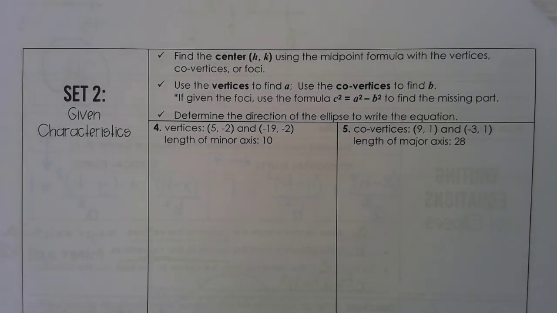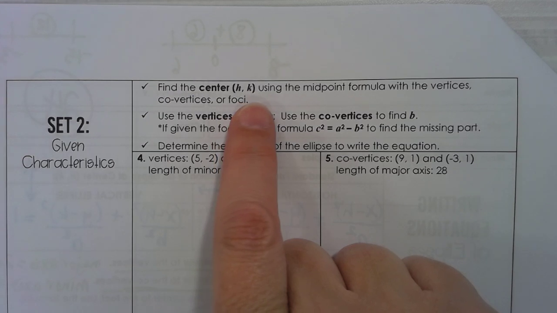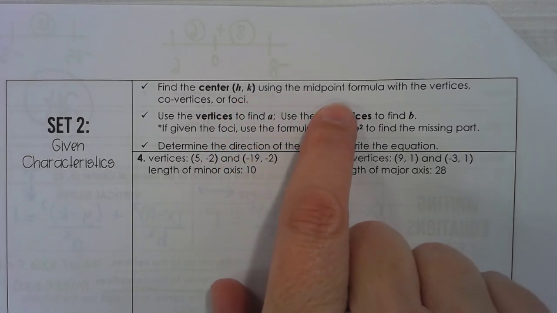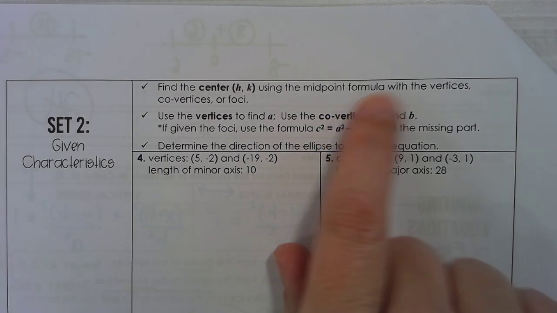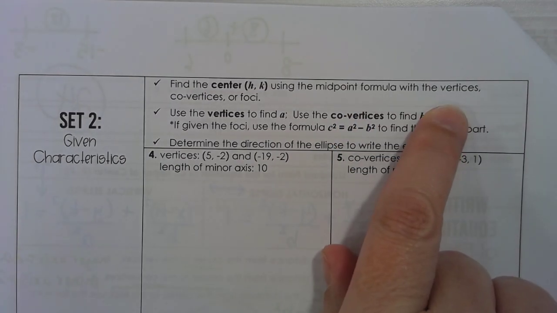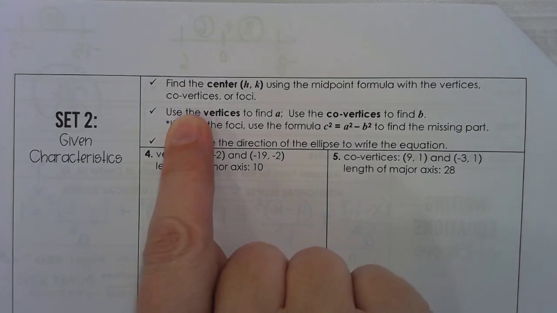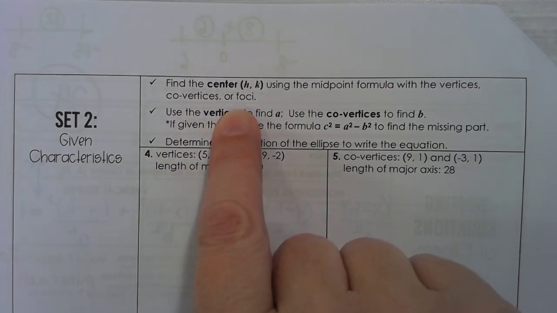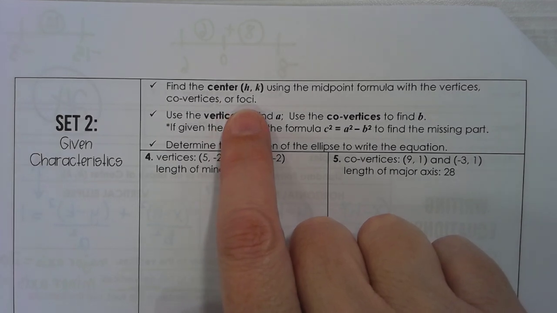Again, we need the center, we need A, and we need B. First of all, we're going to find the center, H comma K, using the midpoint formula. The center is in the middle between the two vertices, or between the two co-vertices, or between the two foci. Whatever set of points you're given, the center is in the middle.